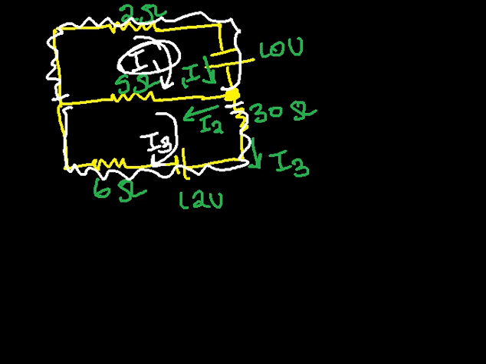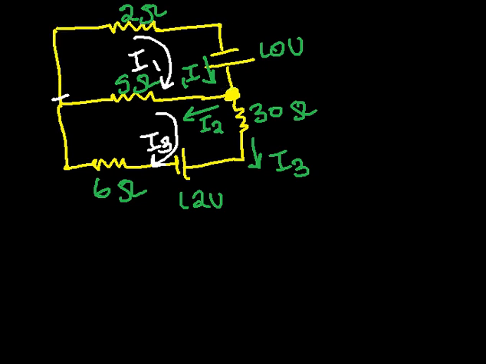And I2, which is the current on the middle branch, is calculated using Kirchhoff's current law. As you can see, using Kirchhoff's current law, we have I1, the current entering the junction, minus I2 minus I3 is equal to 0. That's what is happening there.